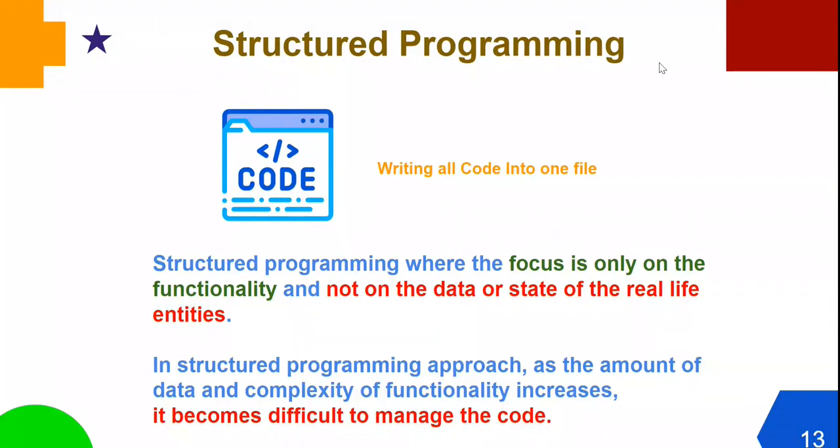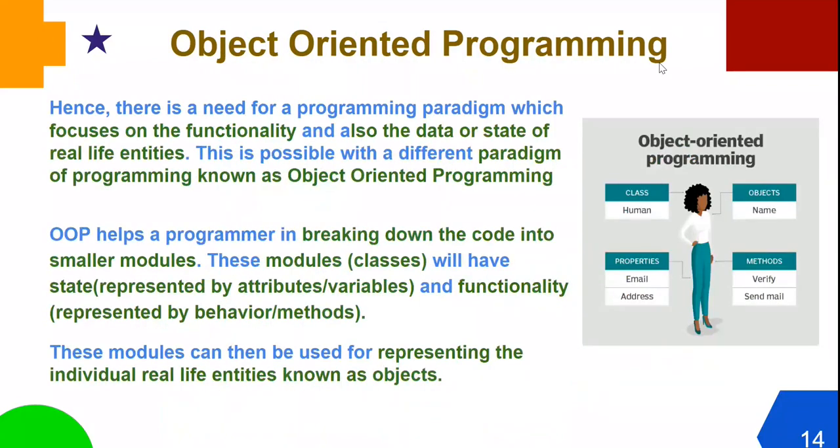In structured programming, the main focus is only on the functionality and not on the data or state of real life entities. It becomes difficult to manage the code. To overcome these drawbacks of structured programming, we introduce a programming paradigm called object-oriented programming.